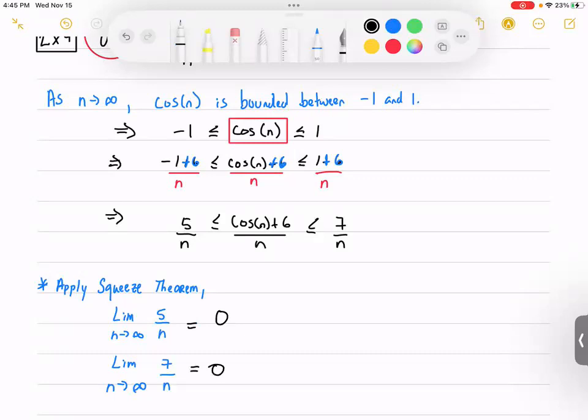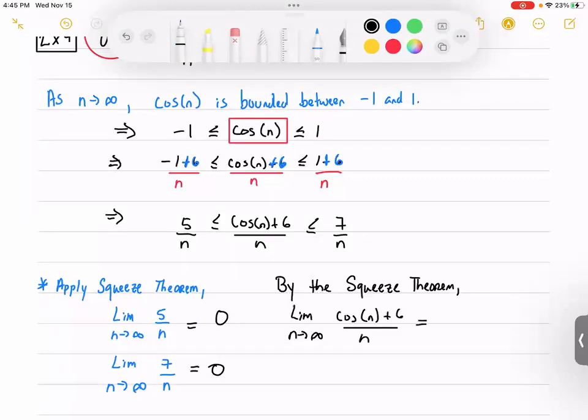So therefore, by the squeeze theorem, the limit as n approaches infinity of cosine of n plus 6 over n is going to equal 0. That's right, and that's how you apply the squeeze theorem there.